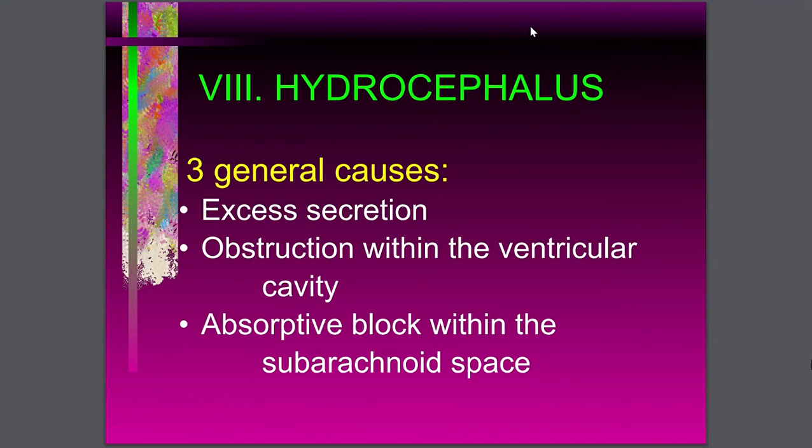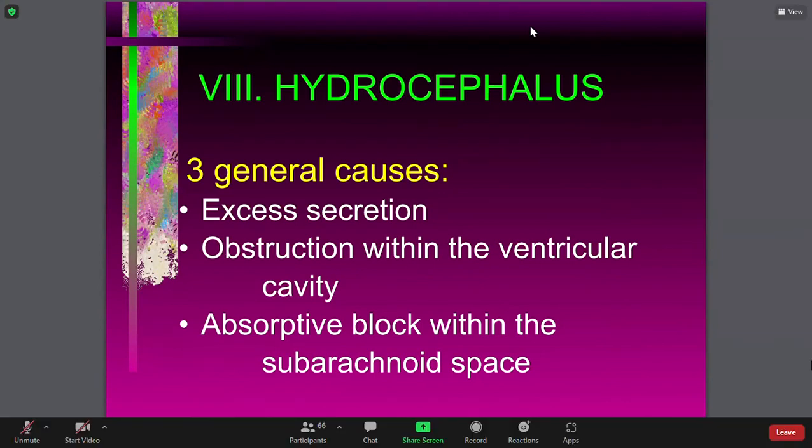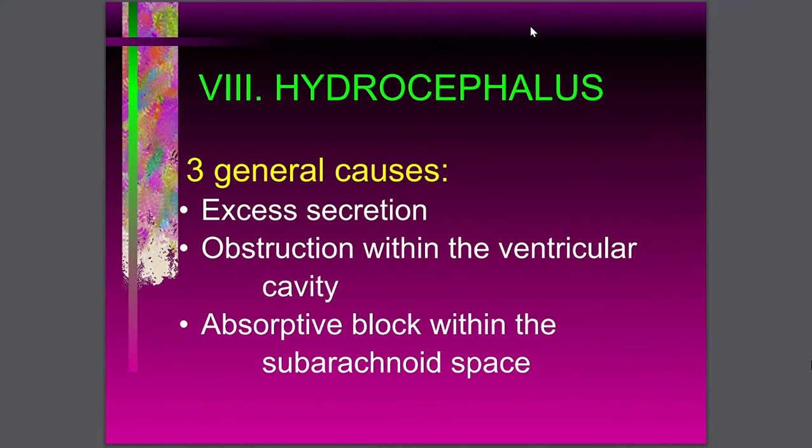So if there is a vascular event that caused a hemorrhage within the ventricles, the blood during its lysis would form fibrin, no? So it would cause a blockage in the absorption of the cerebrospinal fluid within the subarachnoid space. So that is an absorptive block within the space, no?